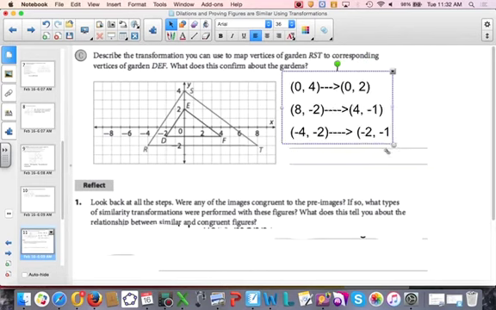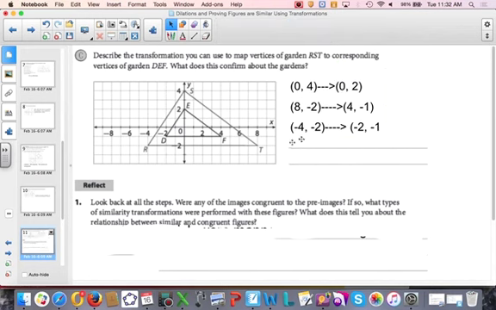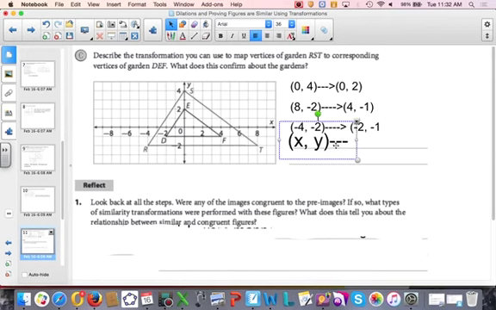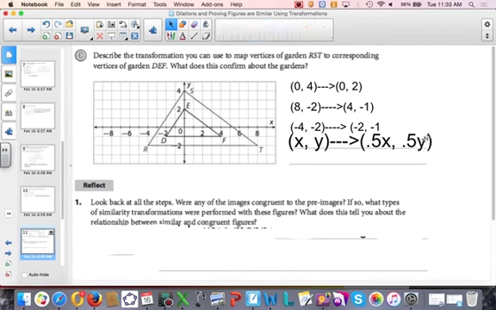So what I'd hope that you'd notice here is that (x, y) mapped onto (0.5x, 0.5y). And so what does this confirm about the gardens? Because this is a dilation, meaning all of the coordinates got multiplied by the same number, the gardens are similar.